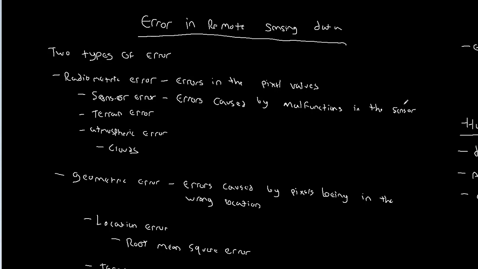Whether it was just a pixel that wasn't recording properly, or as extreme as the example we went through with the scanline corrector, where you have giant swaths across the image of no data. But there's something about that sensor that is making the radiometric values incorrect. And we could either do nothing about it, we could figure out some way to do maybe an average or some sort of algorithm to fix it, or we could simply ignore any new data coming from that sensor.